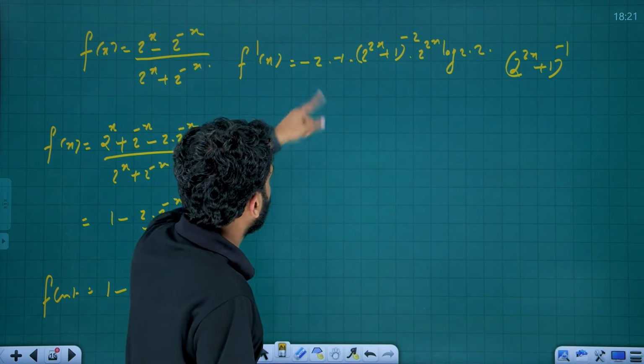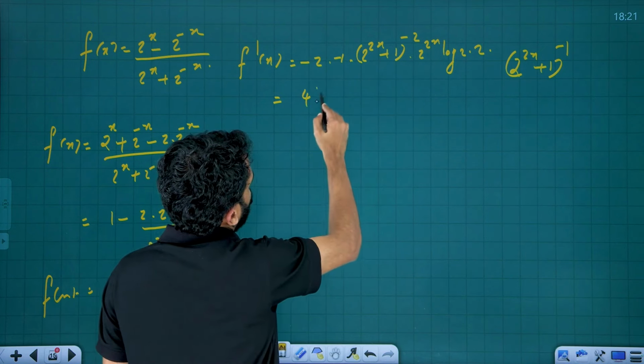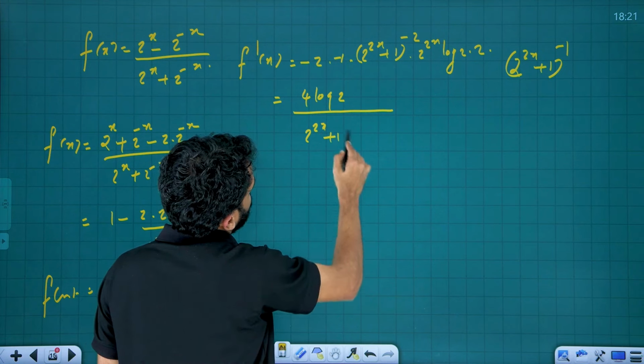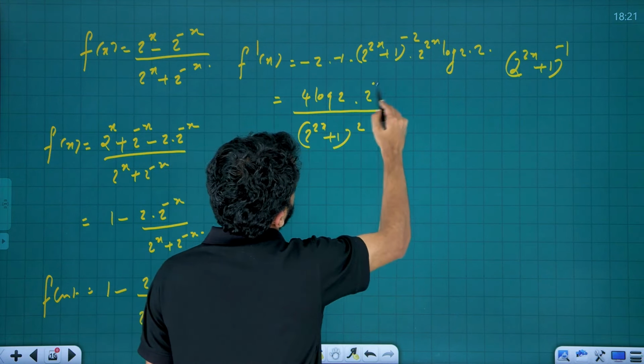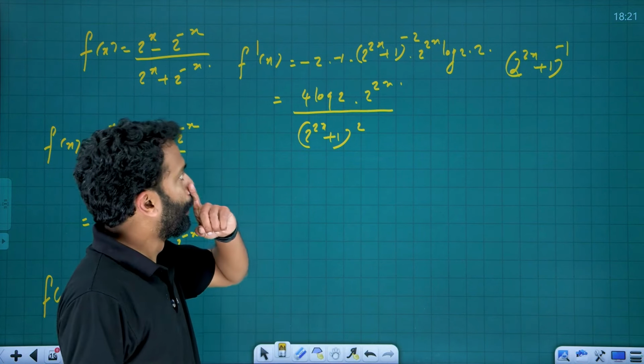So, this will be 4, right? That is minus 2 into minus 1 into 2, that is 4. 4 log 2 divided by 2 raised to 2x plus 1 the whole square into 2 raised to 2x. Okay, I hope you are getting the idea here.